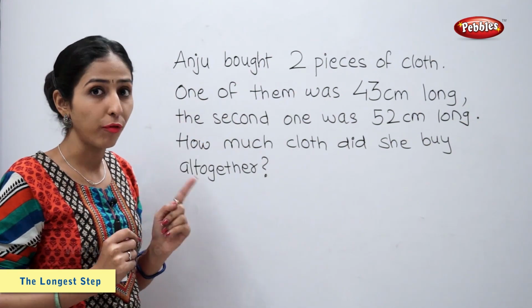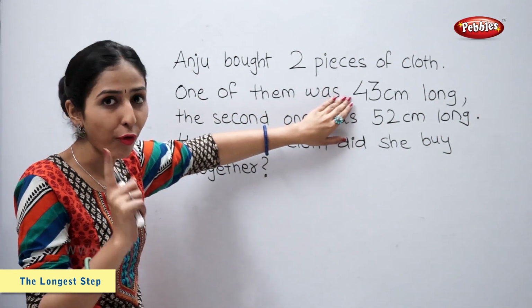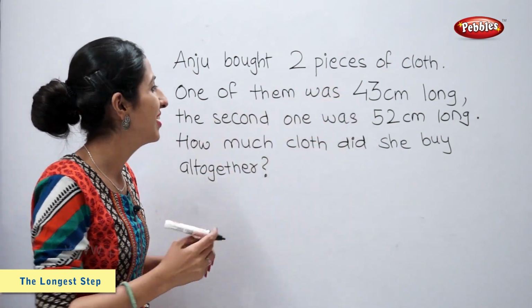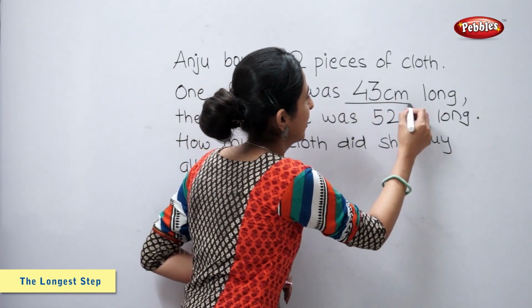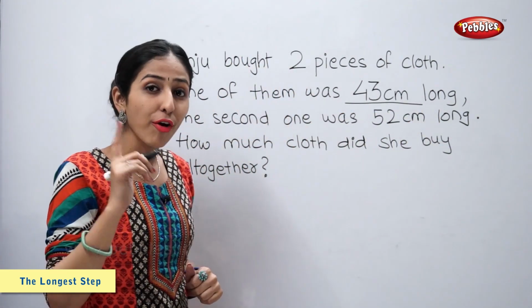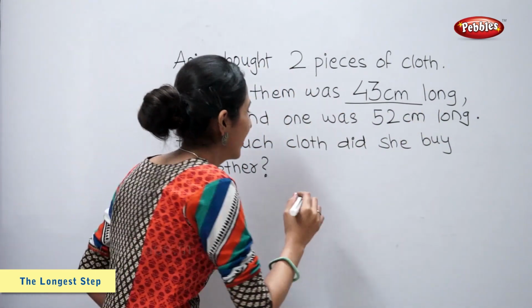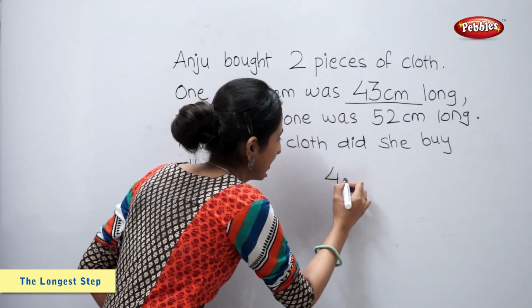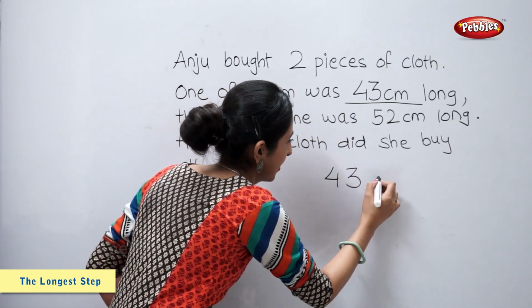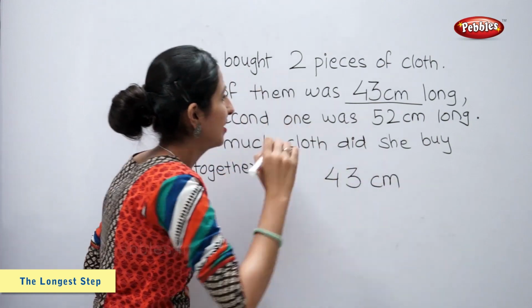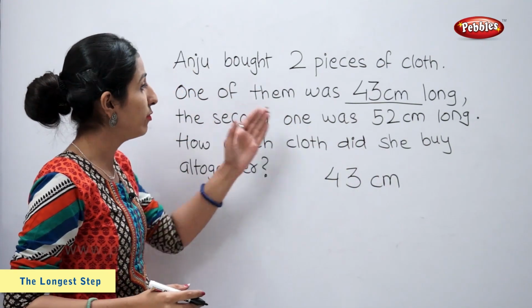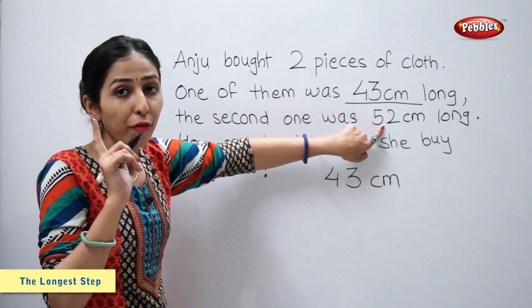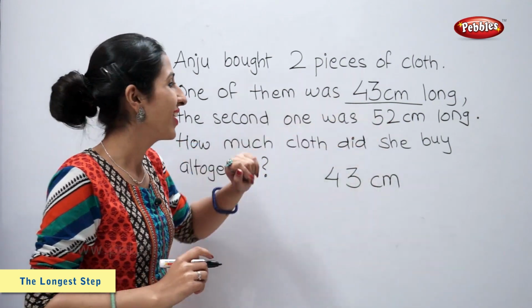One of them was 43 centimeters. So let's write 43 centimeters. The second was 52 centimeters long.